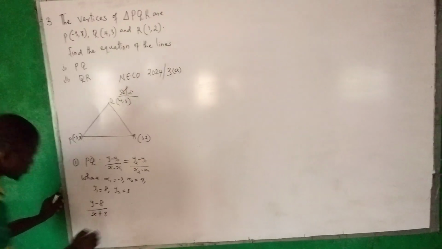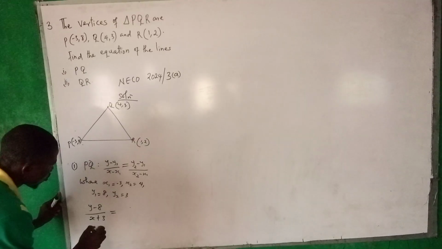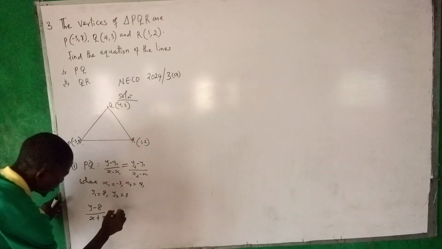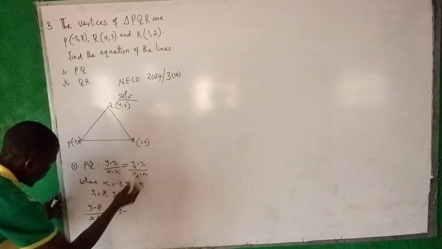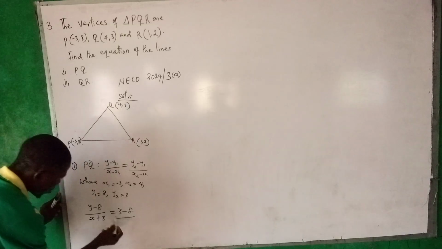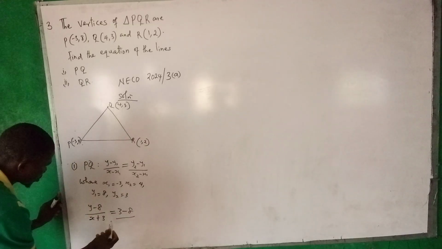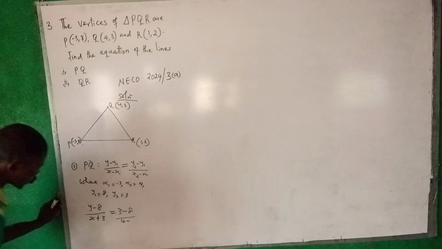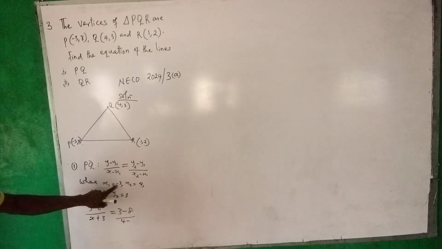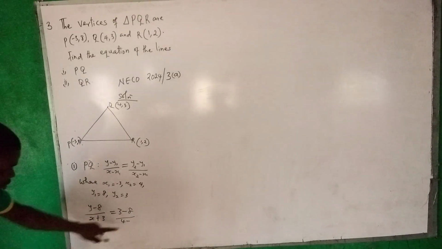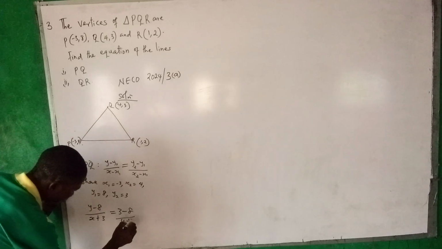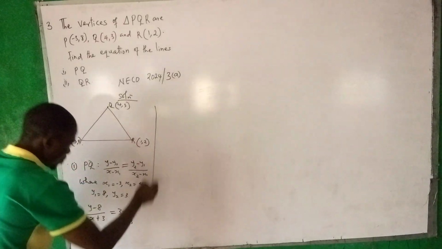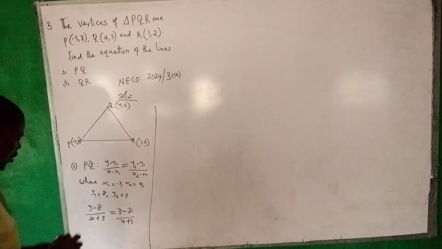And that is equal to y2, which is 3, minus y1, which is 8, over x2, which is 4, minus x1, which is -3. So minus times minus is plus, let me just write plus 3. Are you following now?